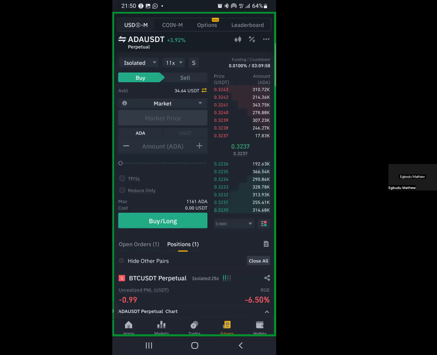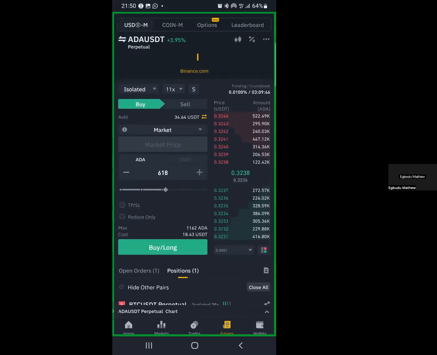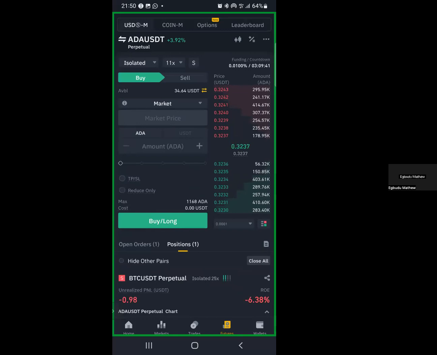So if there's a signal, let's say buy or long, all you need to do is come to where you see buy, you click on buy. If it's a market order, it's instant execution. Let's say buy ADA USDT at 0.237.